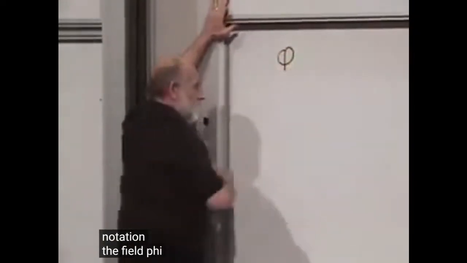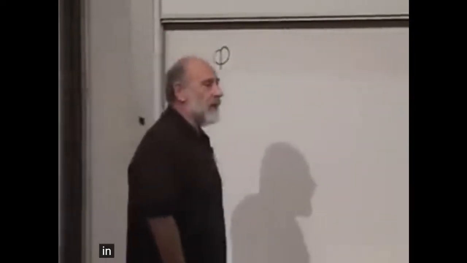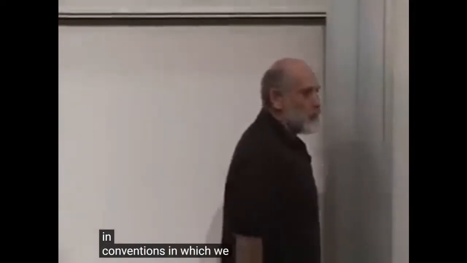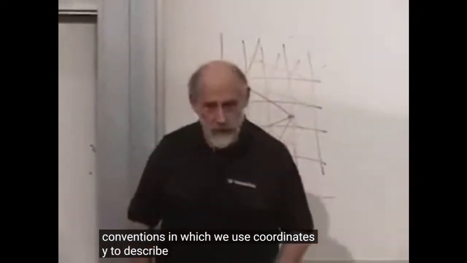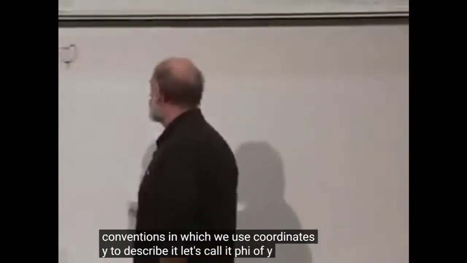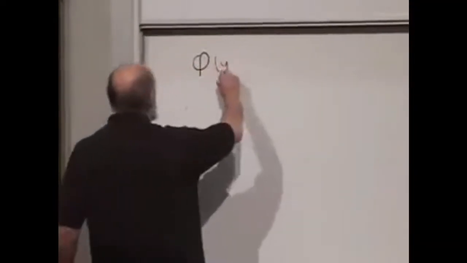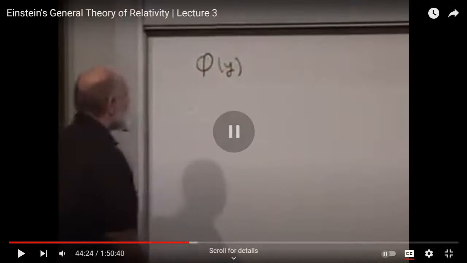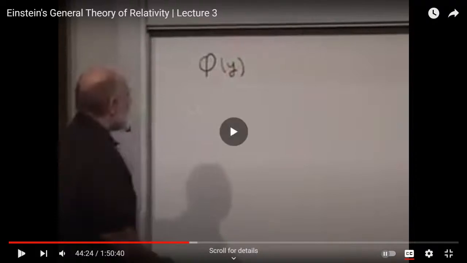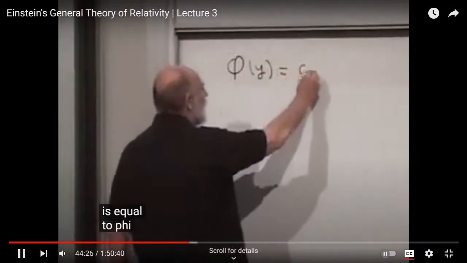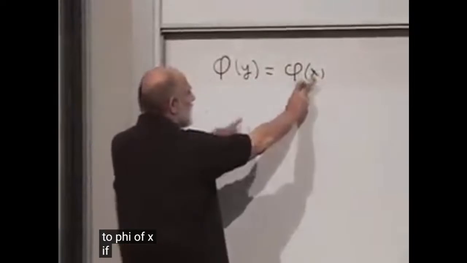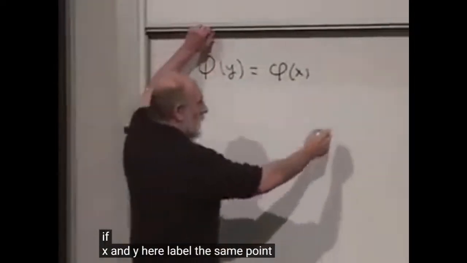The field phi in conventions in which we use coordinates y to describe it, let's call it phi of y, should be invariant to whether it's y or x. So phi of y is equal to phi of x, if x and y here label the same point.